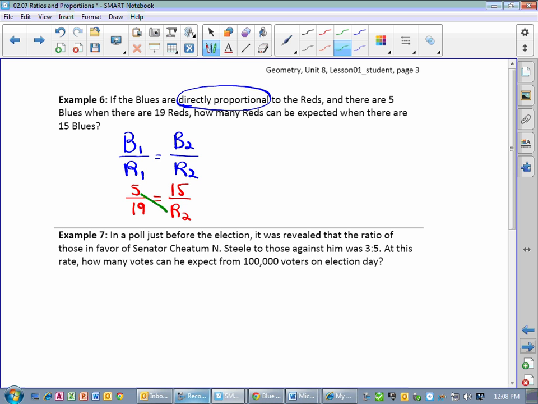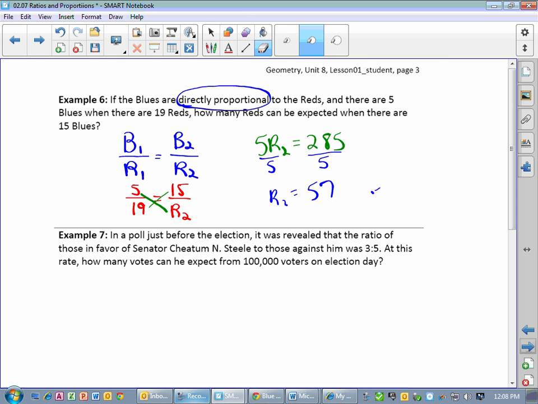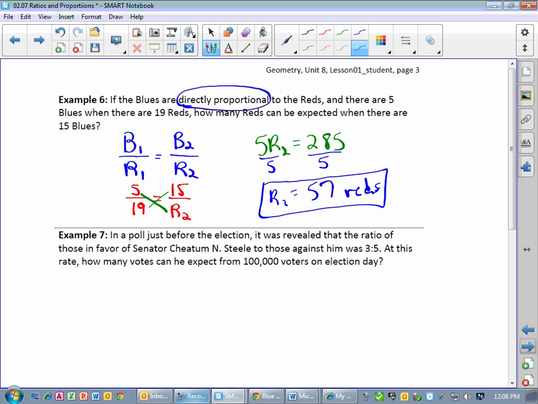So we cross multiply, so we get 5 R2 equals 285, 15 times 19. And so we divide both sides by 5. And there are 57 reds. R for red. Answer.